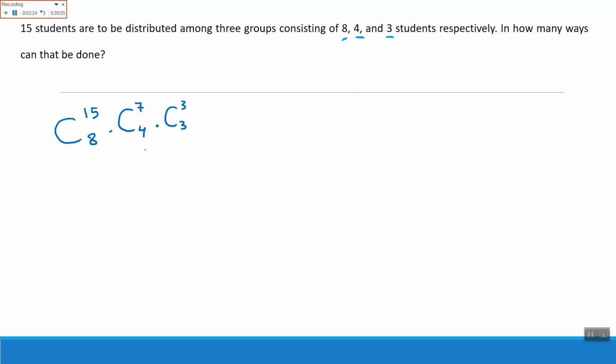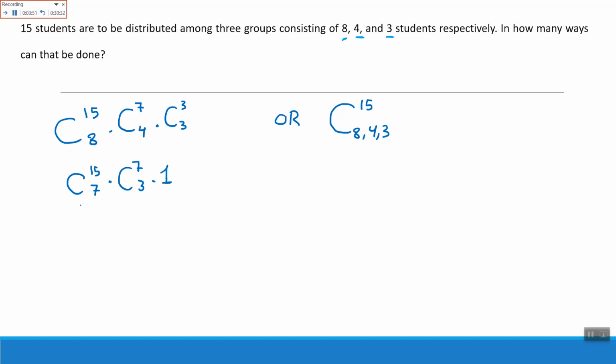So this is one way, or the other way is going to be combination of 15, 8, 4, 3. How do you open each one of them? You can reduce this. So this is 15, 7 after reduction, and reduce this. This is 7, 3 after reduction, and combination 3, 3 is 1.